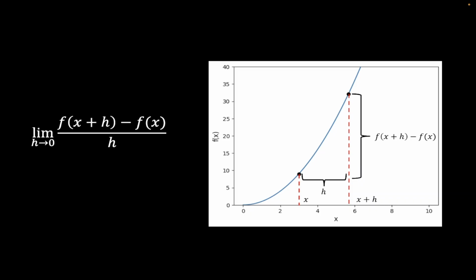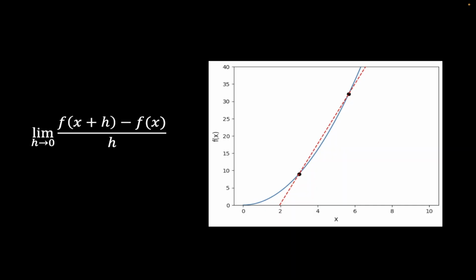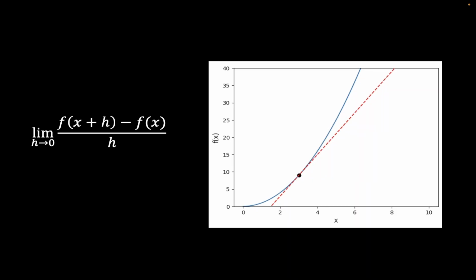Now notice if we just strip away all the annotations here and just draw the line connecting these 2 points, as h gets smaller and smaller, the line between those 2 points starts to approach the tangent line to our function at our input x. And so as h gets smaller and smaller and smaller, your approximation of the instantaneous rate of change gets more and more accurate.